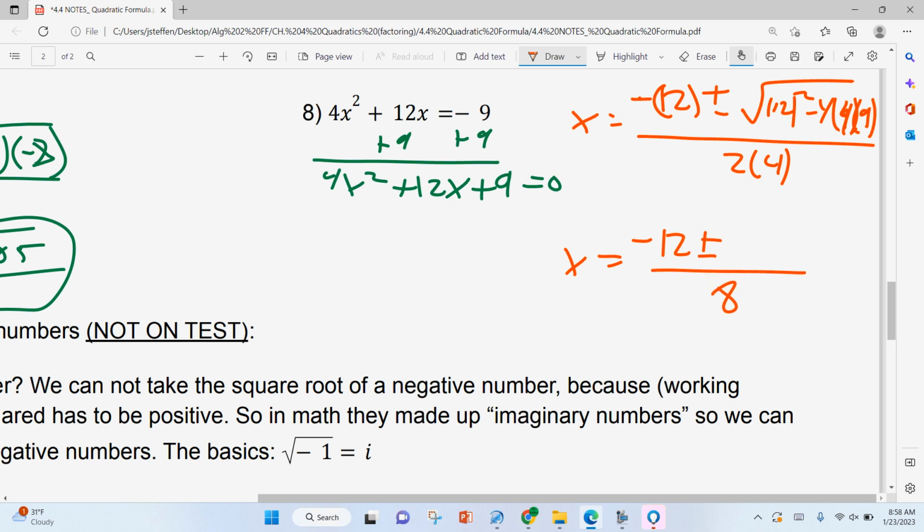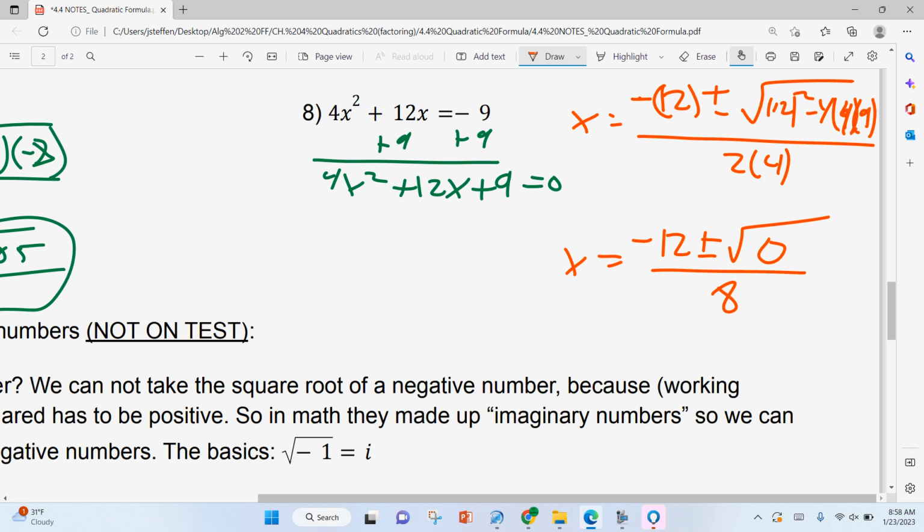And then inside the square root is 12 squared minus 4 times 4 times 9, which is 0. I threw this in there, and I forgot that I did this, because it's going to help us out on some of the parts after this.